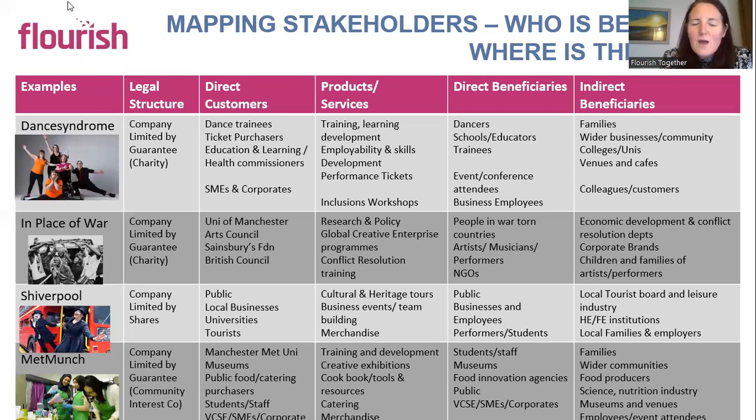And then there's also SMEs and corporates, who might be buying tickets to come to events, but because Dance Syndrome also runs inclusion workshops and equality and diversity training with SMEs and corporates, they're an additional direct customer. So they've evolved to have a broader range of customers than just the group of people that initially started dancing with them. There's a whole set of other customers there, and they're all part of the stakeholder group.